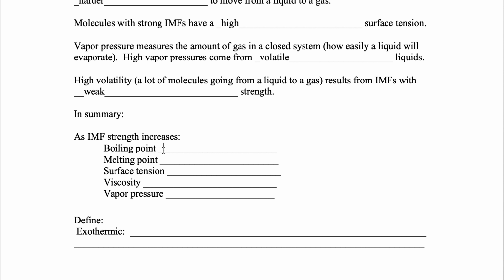So these relationships are reasonably important. As IMF strength increases, boiling point increases because more energy is required to break the IMFs. Similarly with melting point. Similarly with surface tension.